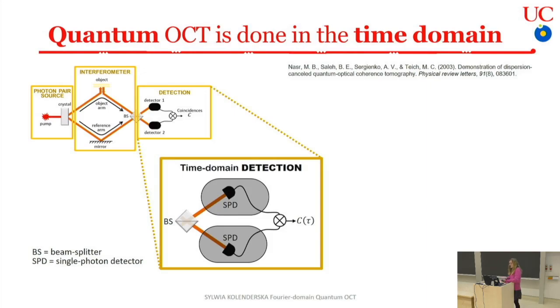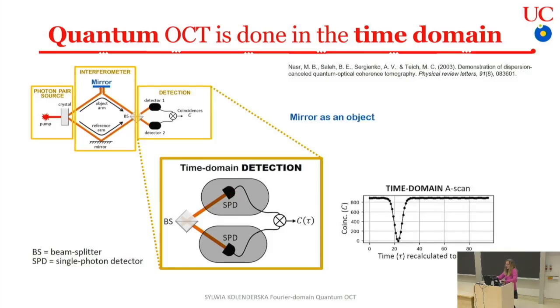As I said, we have two single photon sensitive detectors, and we measure the coincidences, so simultaneous arrival of photons at each. As a result, we get a signal in the time domain, which I will call the quantum OCT time domain A-scan.